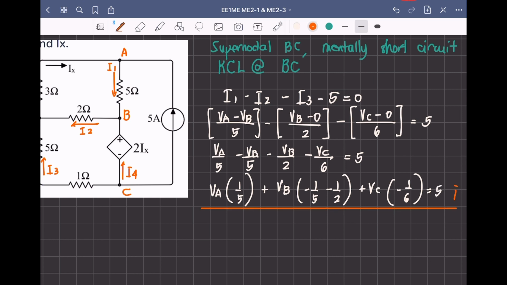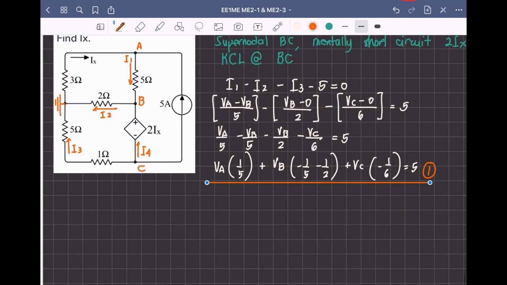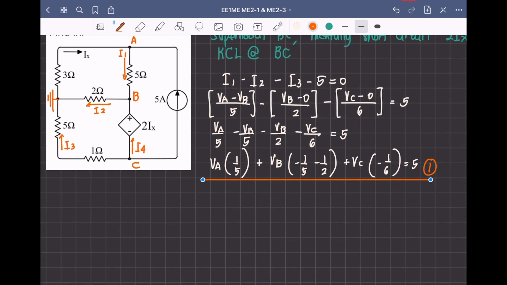Okay? Next, we're going to take KCL at the remaining nodes. So, ang remaining node na lang natin is node A. So, we're going to take KCL at node A. If you take KCL at node A, it has 1, 2, 3 branches connected to it. And those are positive IX, negative I1, and positive 5 amperes.